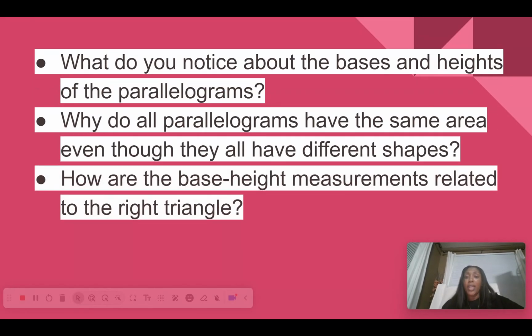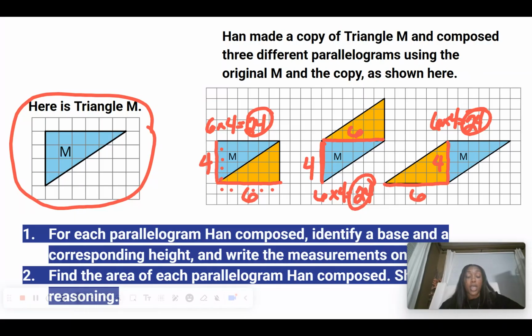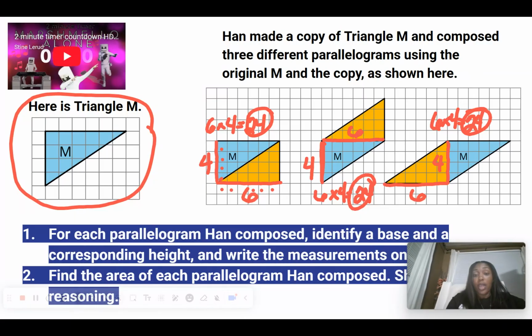And then how are the base and height measurements related to the right triangle? Well, when I go back and look at the right triangle that he started with, here's the right triangle that he started with. We can make this the base, and this the height, and we can see that the base of just the triangle is 1, 2, 3, 4, 5, 6.